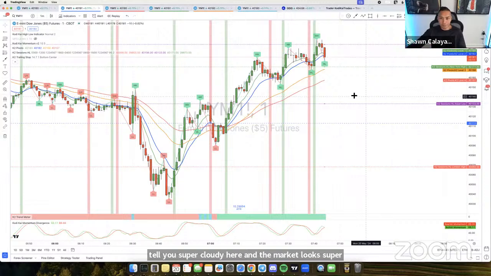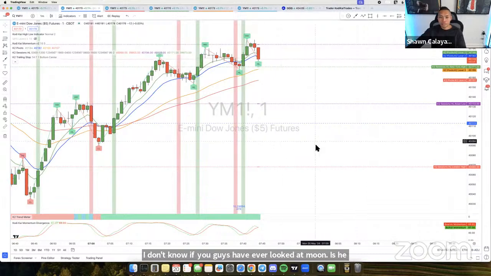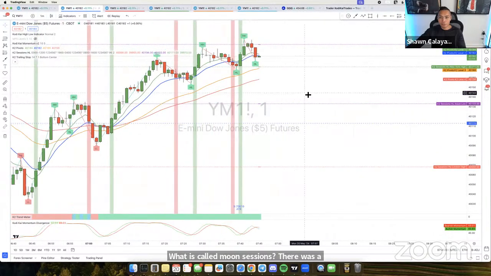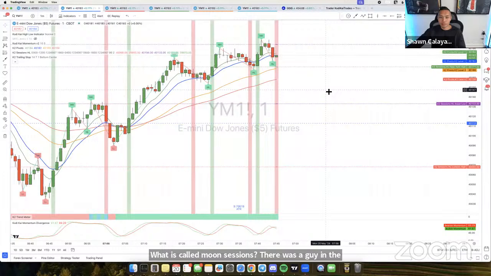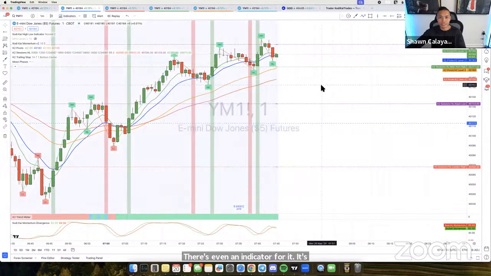I don't know if you guys have ever looked at moon phases. There was a guy in the group here a long time ago that used to trade off moon phases. There's even an indicator for it. It's called moon phases. It's a legit indicator.